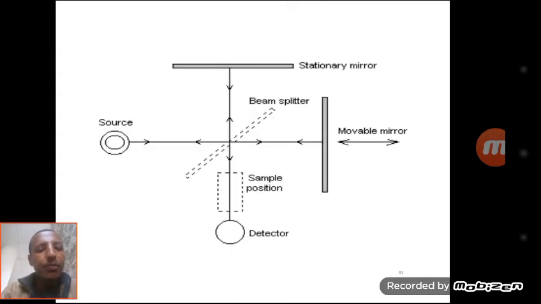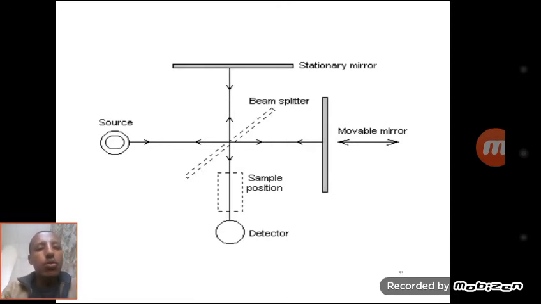detector. As we see from the diagram, a moving mirror moves back and forth. As the moving mirror moves far away from the beam splitter, the beam of light reflects back to the beam splitter, and the stationary mirror also reflects light to the beam splitter.